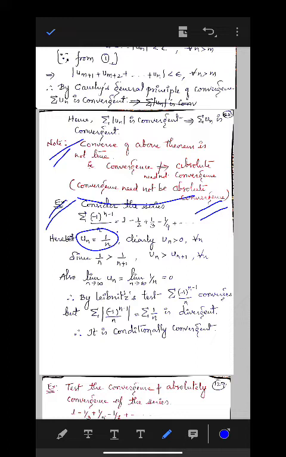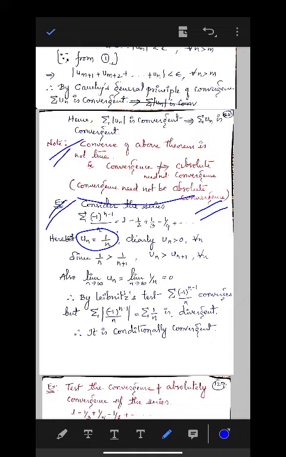So what is the statement of Leibniz theorem? Obviously Leibniz theorem is on alternating series, right? So therefore whenever an alternating series is given, then you can apply Leibniz theorem. So what is the statement?